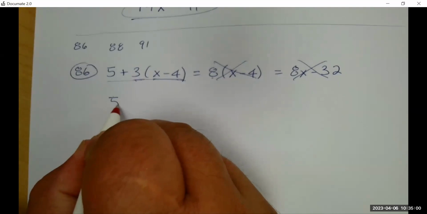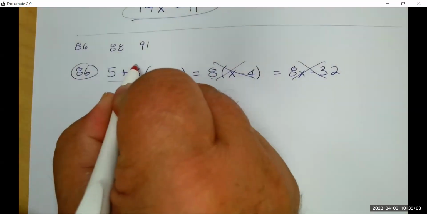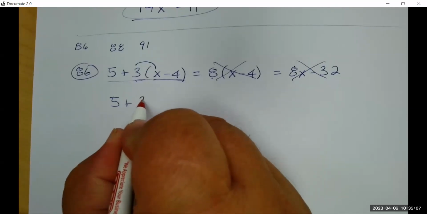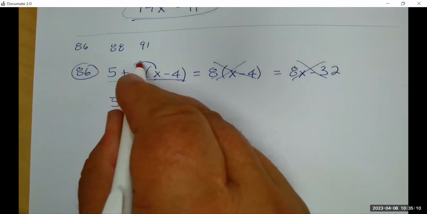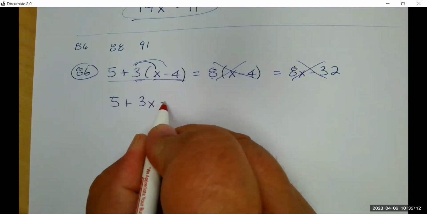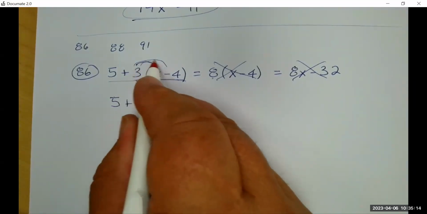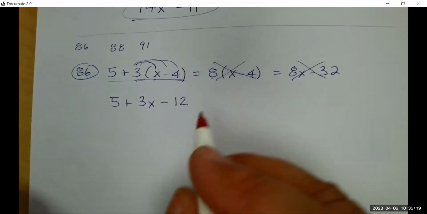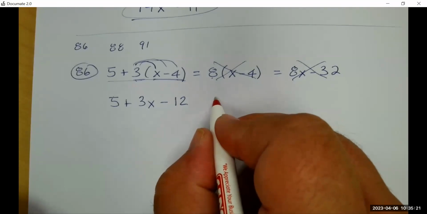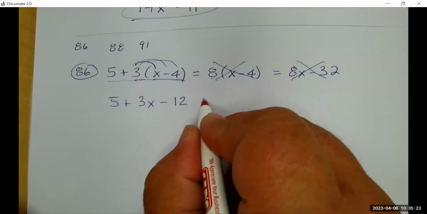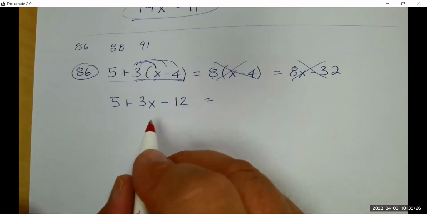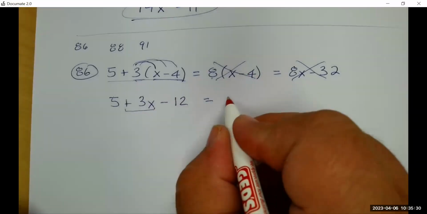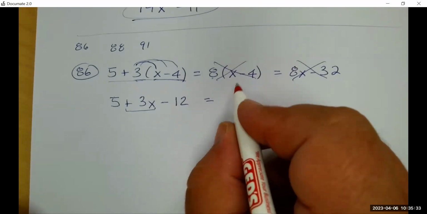So we first have to get rid of the parentheses, so we just do the rainbow. 3 times x is... positive times negative. 3 times 4. Now combine like terms. It would be a negative.